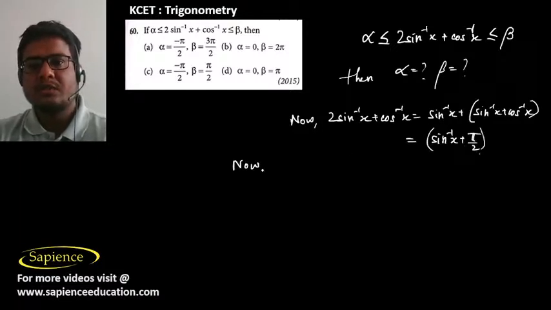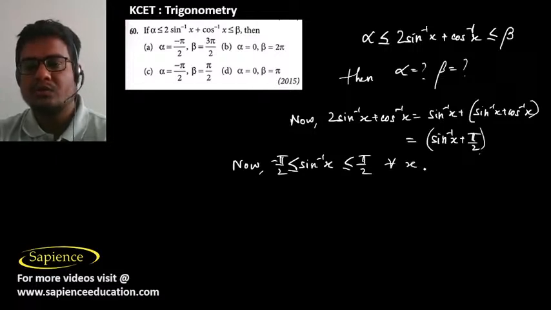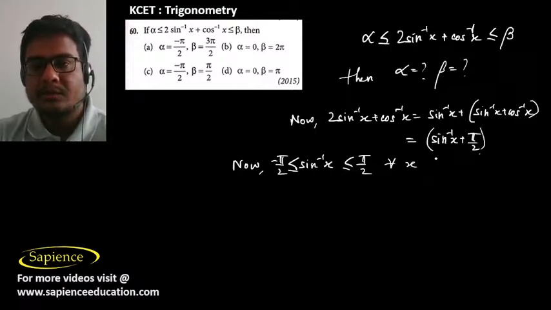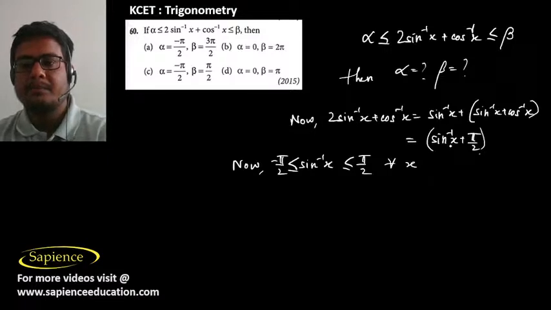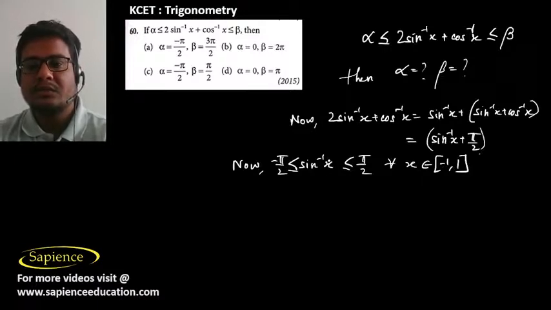So now we know that sin inverse x is always greater than or equal to minus pi by 2, and less than or equal to pi by 2, for all values of x belonging to the domain of the function sin inverse x. The principal value branch, or we can say the domain of sin inverse x, is minus 1 to 1. So for all x belonging to minus 1 to 1, sin inverse x will have the range minus pi by 2 to pi by 2.